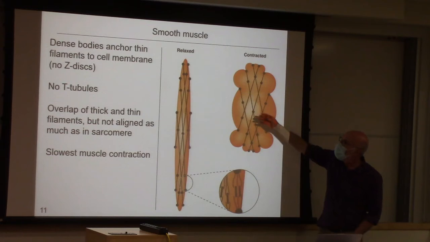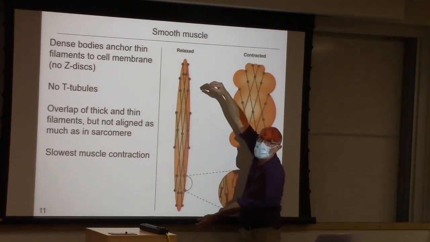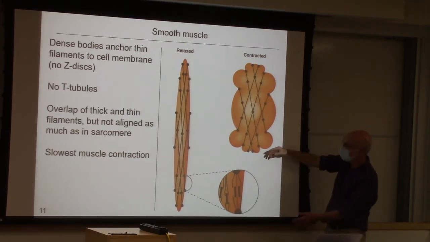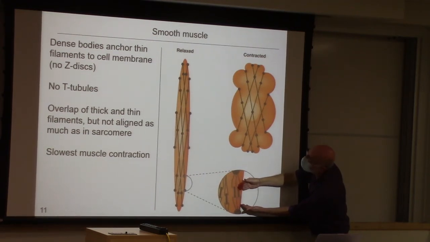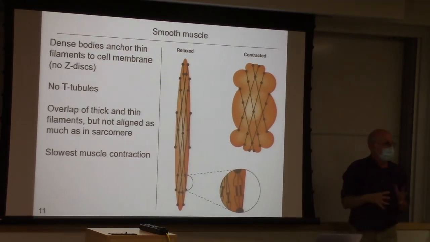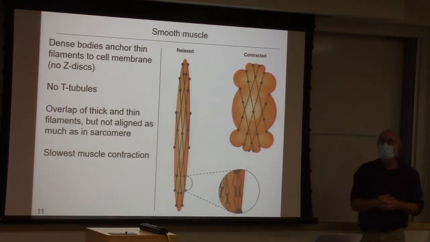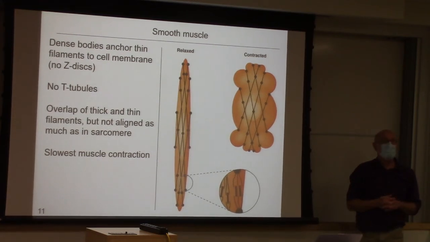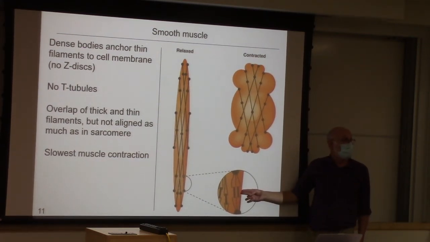And so when a smooth muscle is relaxed, it can be stretched. And when a smooth muscle contracts, the dense bodies are pulled together and the muscle gets shorter and thicker. So the muscle contracts, but it's not as linear as it is in striated muscle. But the principles of the cross-bridge cycle are the same.